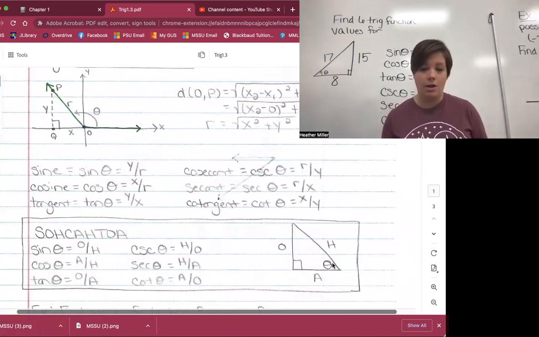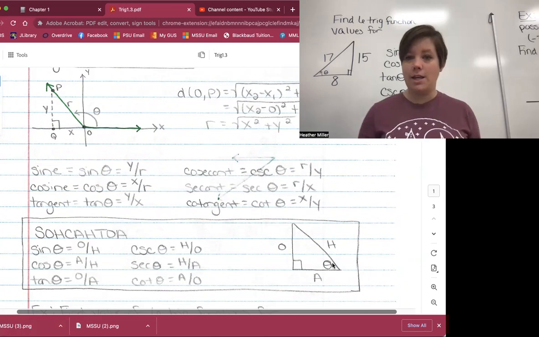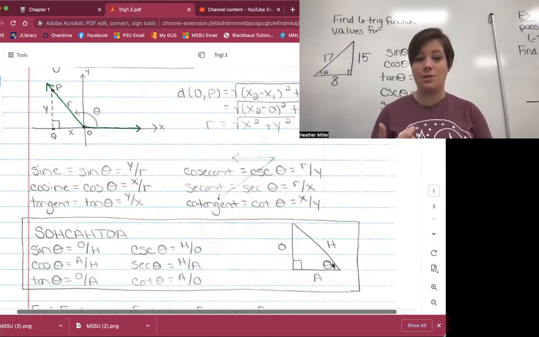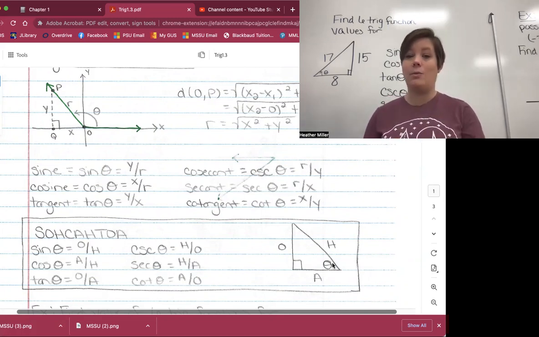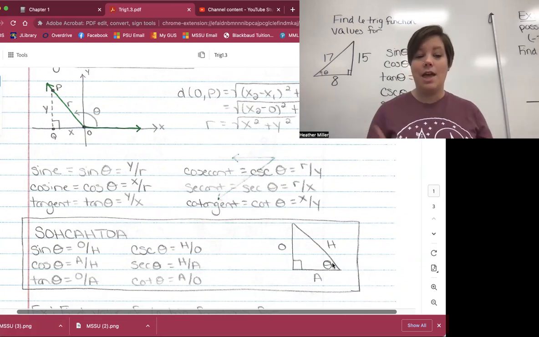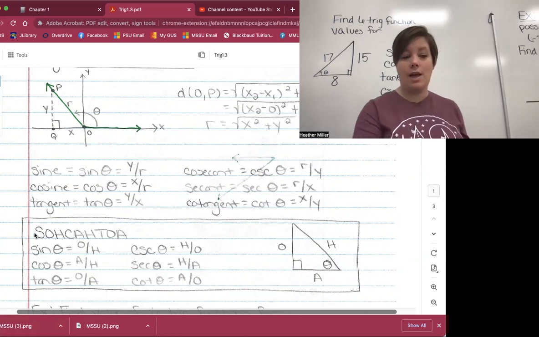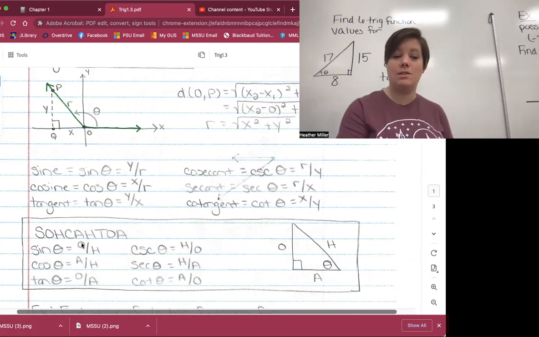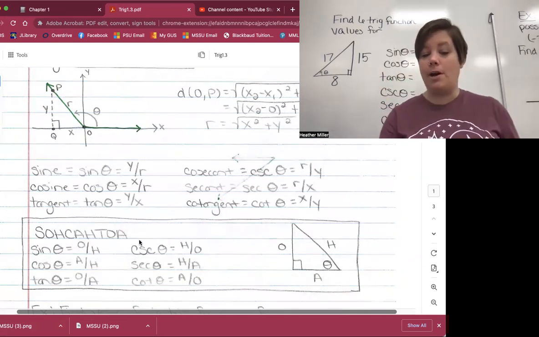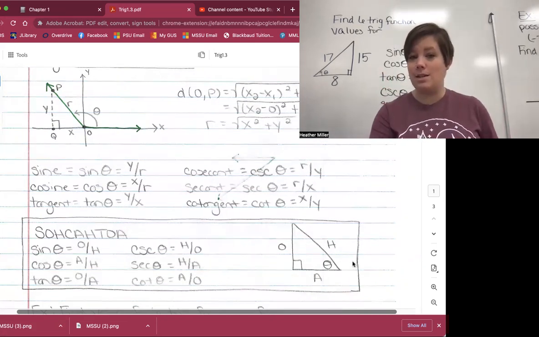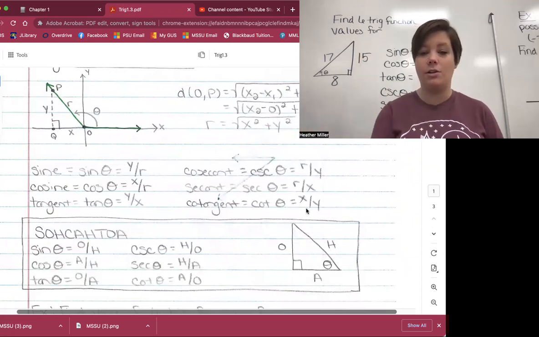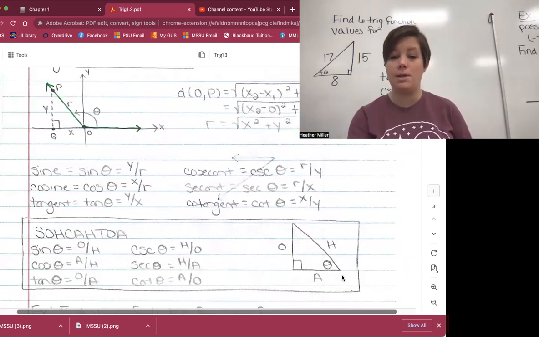So SOHCAHTOA is just a mnemonic to help you memorize what goes with sine, what goes with cosine, and what goes with tangent. The SOH tells you how to find your sine values. So SOH, that's your sine theta, means it's your opposite over your hypotenuse. And I drew a basic triangle over here, your right triangle, so you can see what I mean.